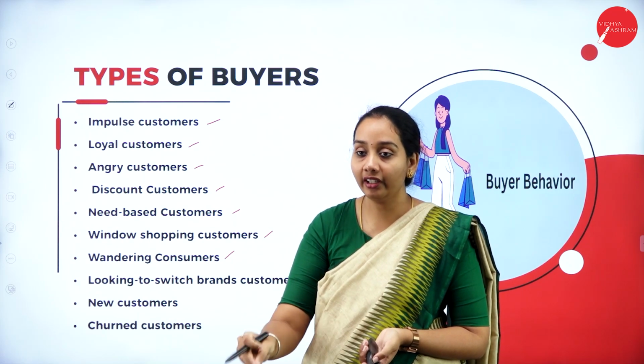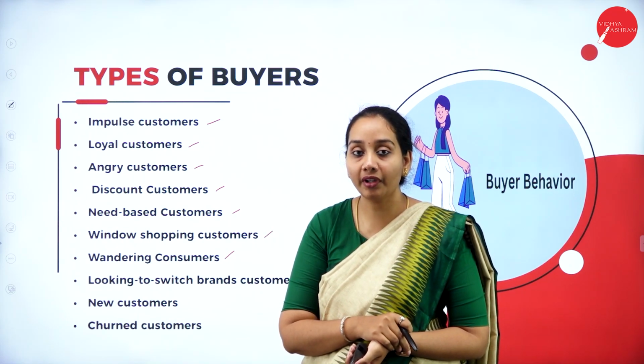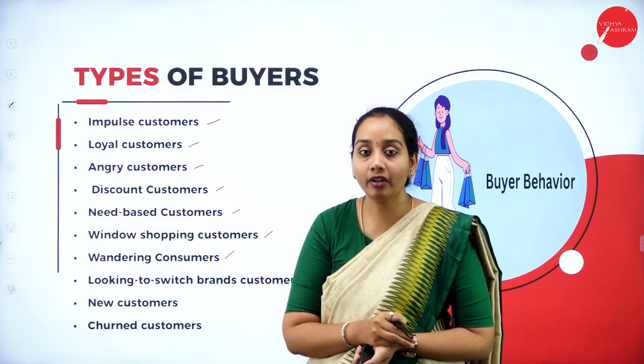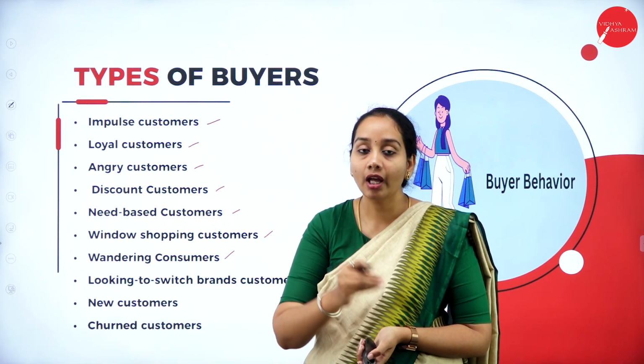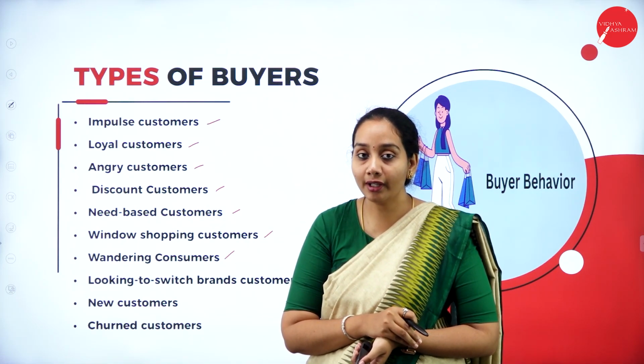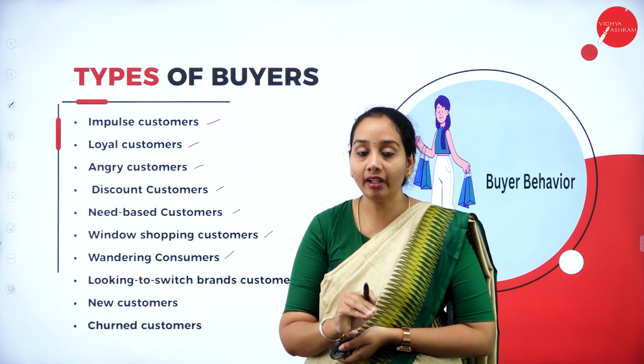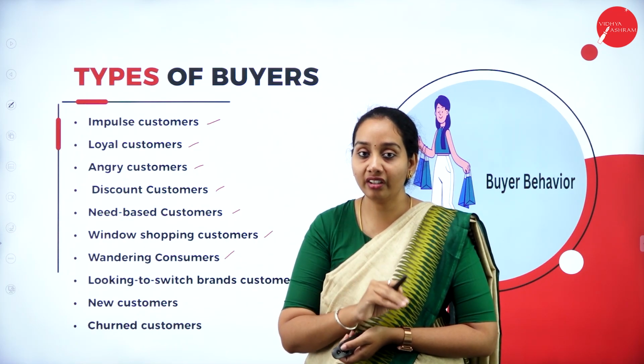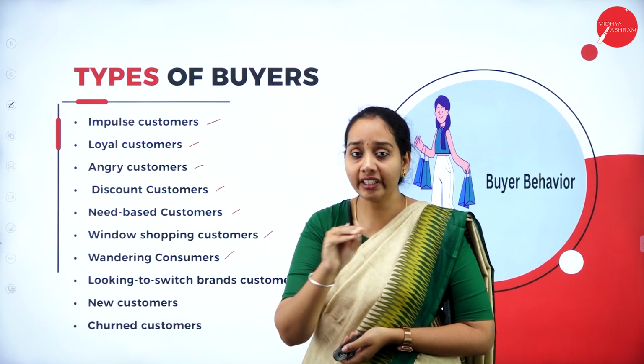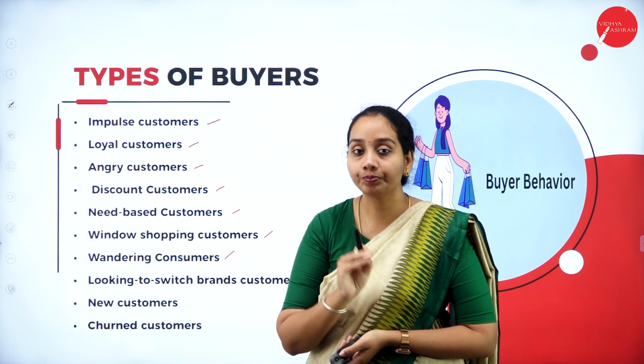Like the previous example that I told, if you want to purchase a bike or a moped, the need has arisen, but you don't have enough knowledge about the product. You need to buy it, and you are looking for different alternatives. You are wandering among different retailers that provide the service.